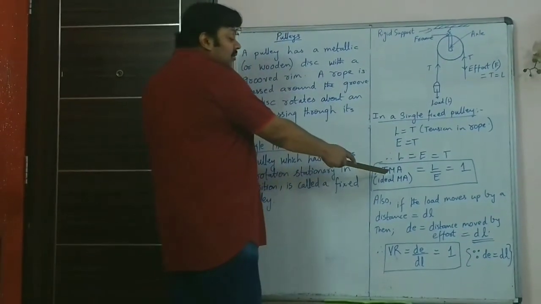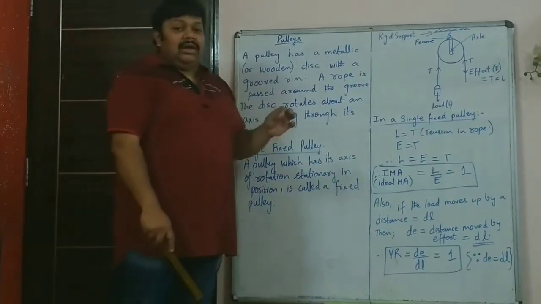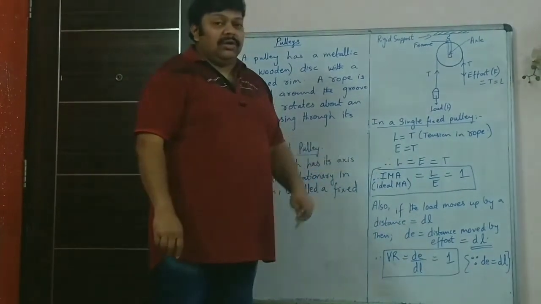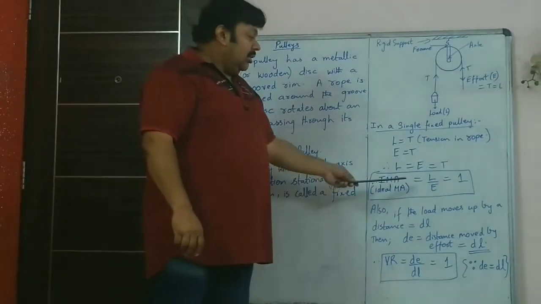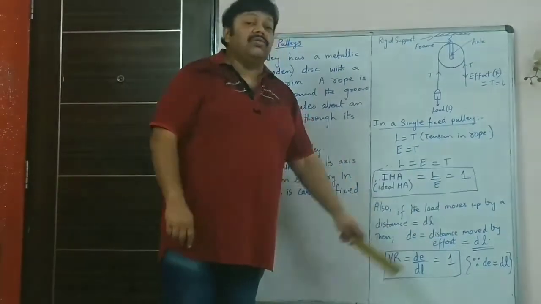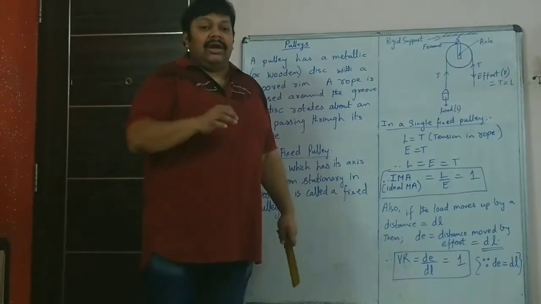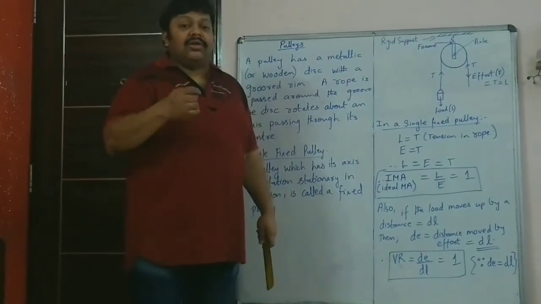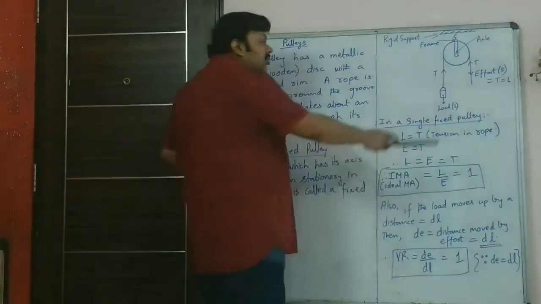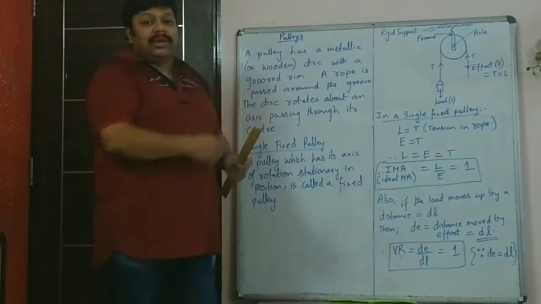Now you are seeing one thing written here, IMA. IMA stands for ideal mechanical advantage. IMA is load upon effort. Since load and effort are both the same, it is 1. So many times you would be asked what is the ideal mechanical advantage of a single fixed pulley. It is 1. Now let's assume this person has pulled the rope down by 5 meters.